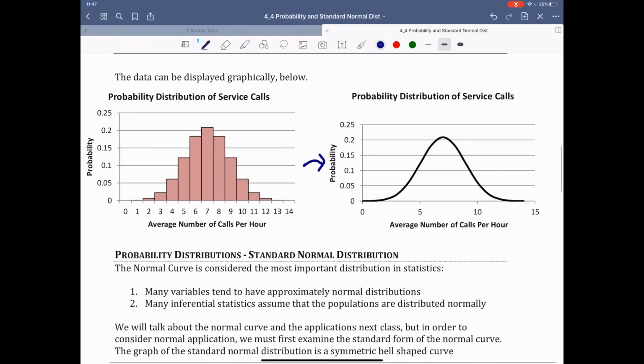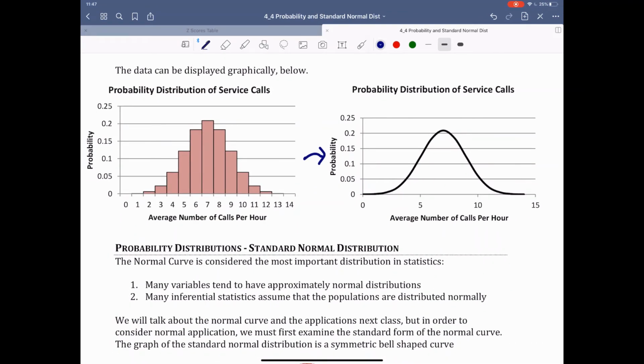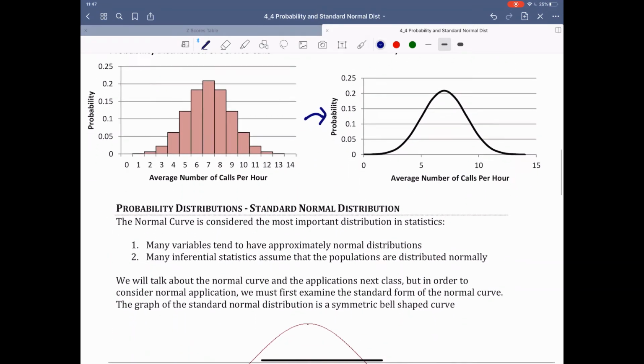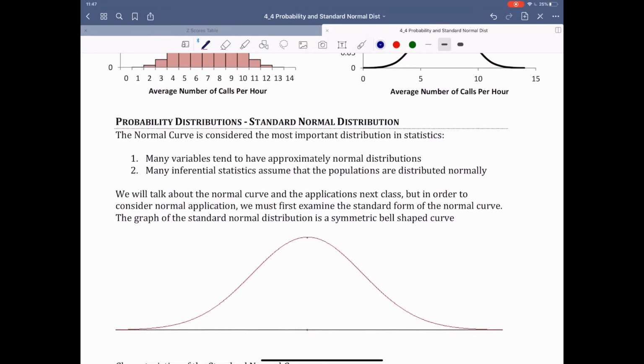Okay, so some properties of the normal distribution, and we're going to talk first today about the standard normal distribution. A normal curve is considered to be the most important distribution in statistics. Many variables tend to have approximately normal distributions, and many statistics assume that populations are distributed normally.